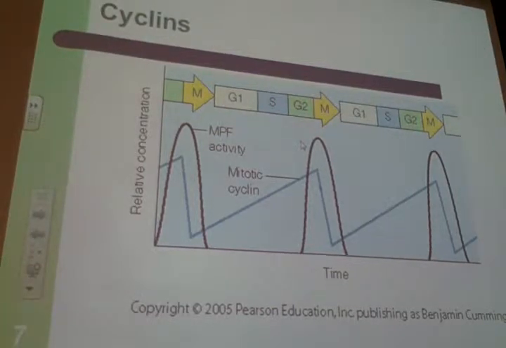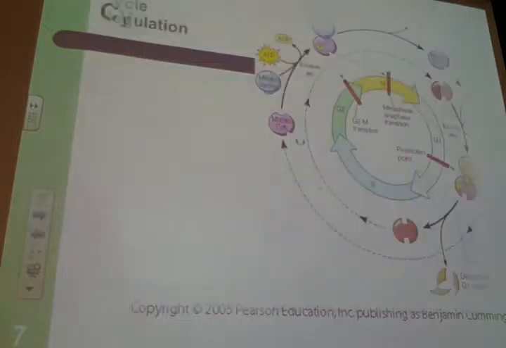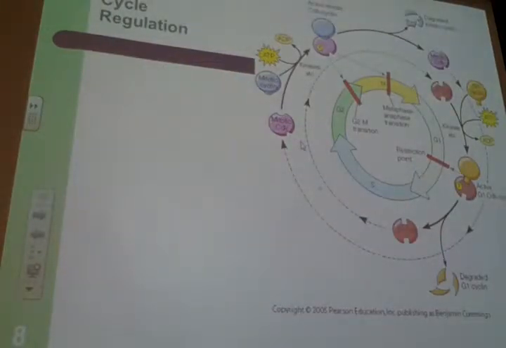But of course it begs other questions. So how does this work, and what are these cyclins really doing? So they eventually pieced together that the cyclins actually don't work by themselves. They work with another type of protein called a cyclin-dependent kinase.